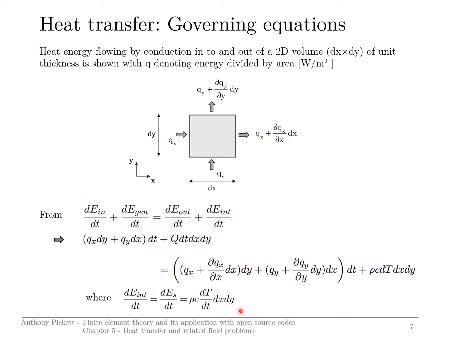So in this particular case we end up with the density multiplied by the capacitance of the material, the temperature change, and the area. The time interval dt in this case cancels out. So this equation is used on the next slide, which after simplifying gives us fairly easy expressions to deal with.